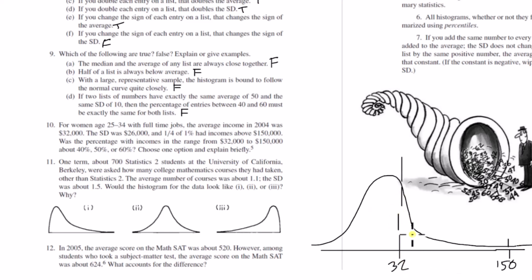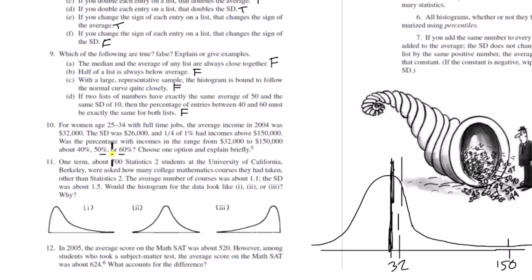In this case, the average is going to be to the right of the median, because the average is the balance point. The median is where half the area is to the left and half to the right. That's the definition of the median. Since we've got more data points spread out like this, to compensate for that lever, the balance point is like here. So this is the median.